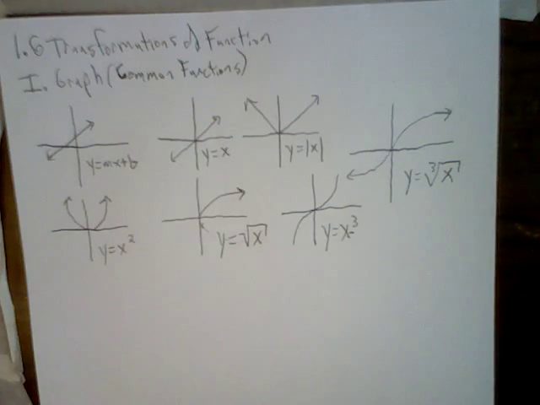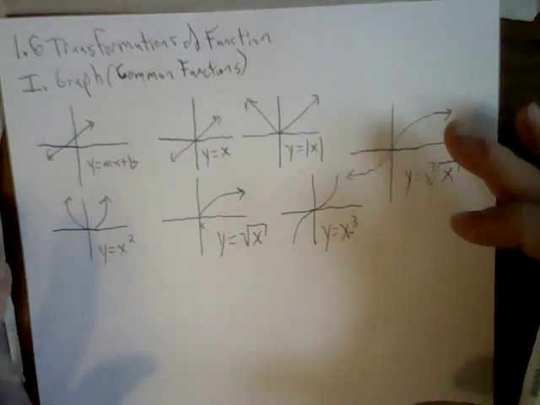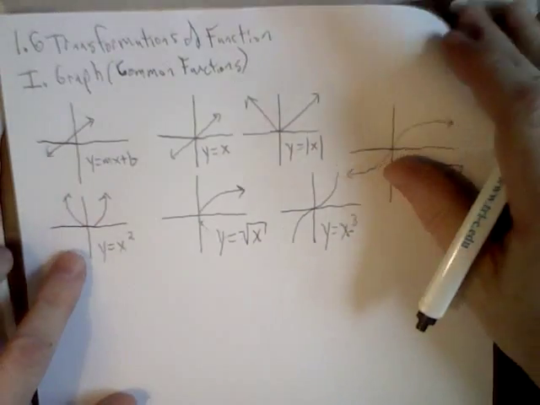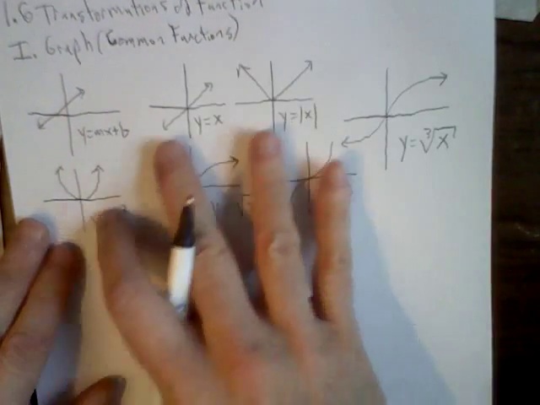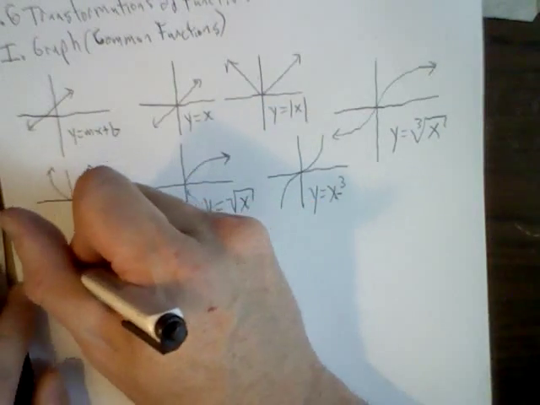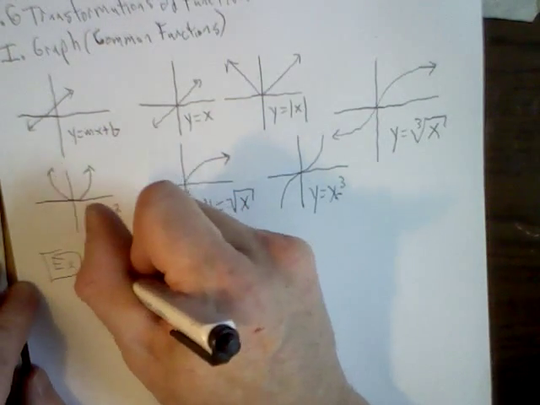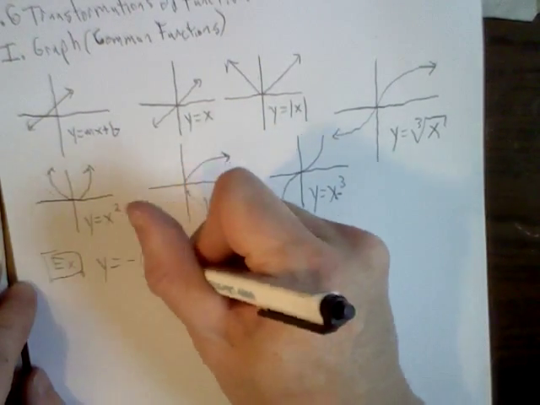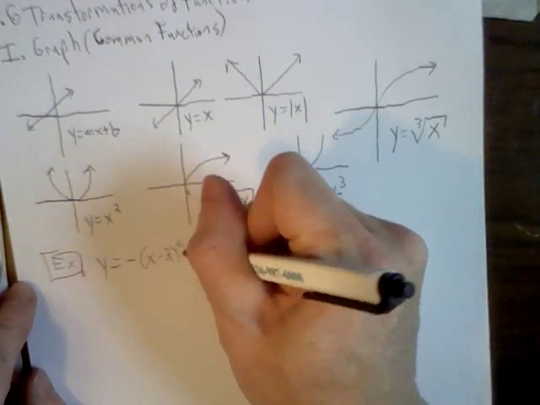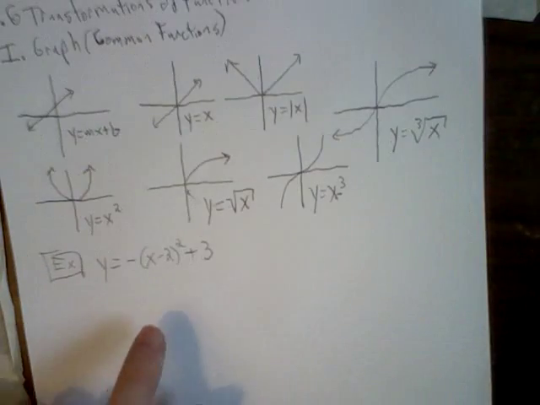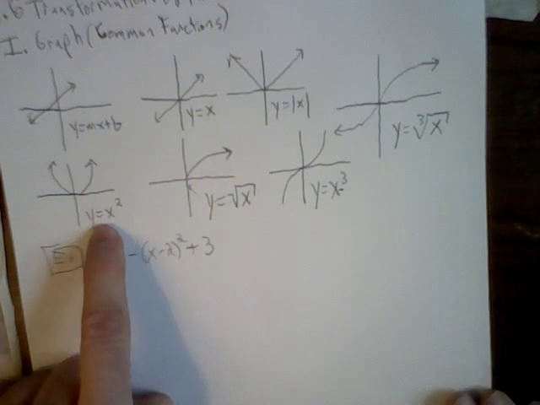Okay, so given some sort of function, with these as kind of their basic elements, for example, maybe you'll see something like y equals negative (x minus 2) squared plus 3. Okay. This thing is related to this guy right here.